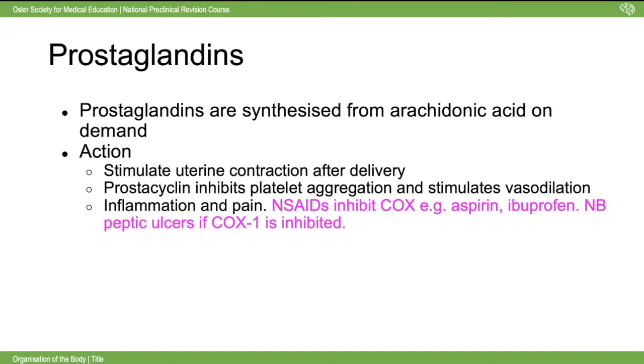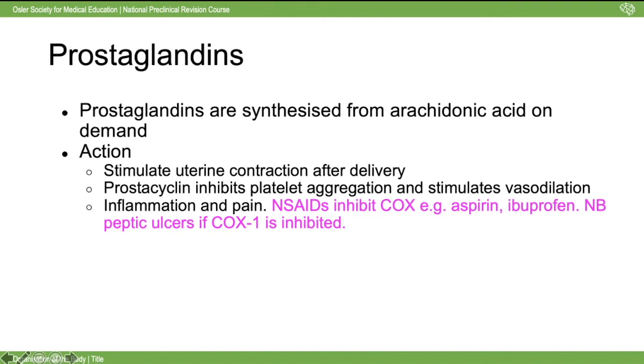And that's really important to know because we have NSAIDs, or non-steroidal anti-inflammatory drugs, which inhibit one of the enzymes involved in producing prostaglandins. So that's this enzyme COX, or cyclooxygenase. Just some examples of NSAIDs are aspirin and ibuprofen.